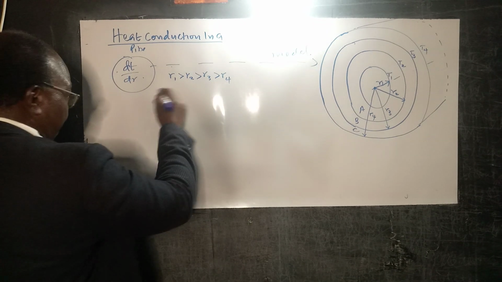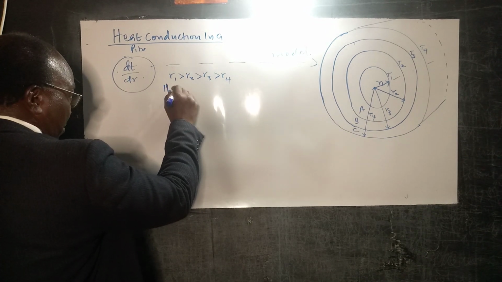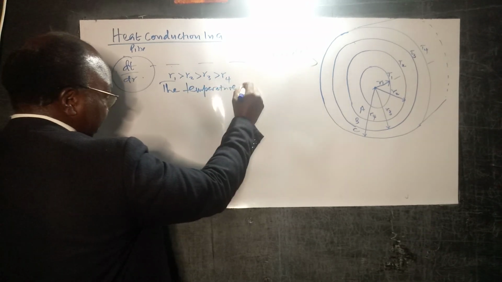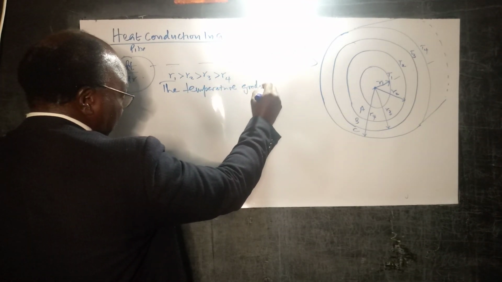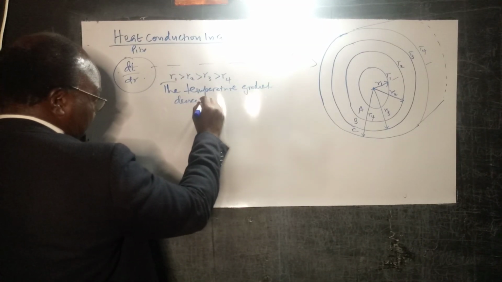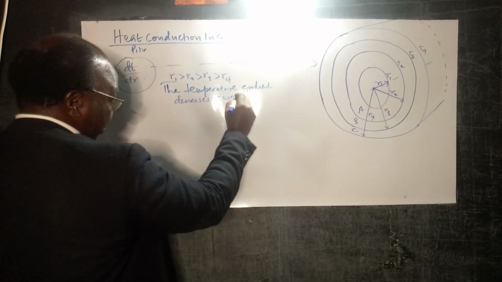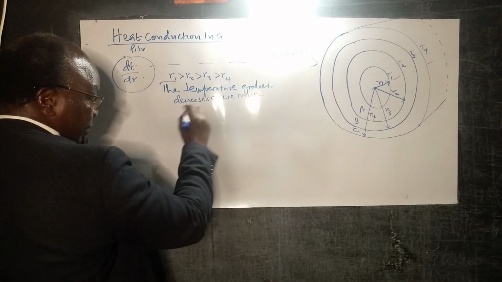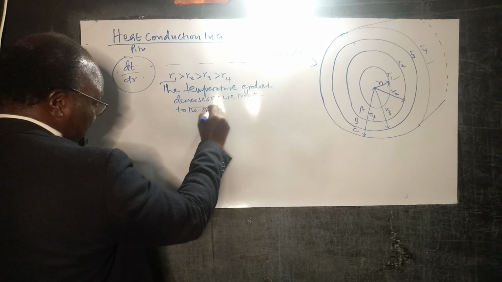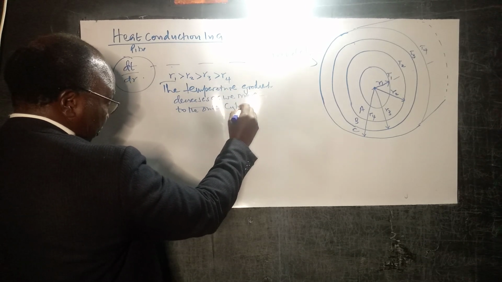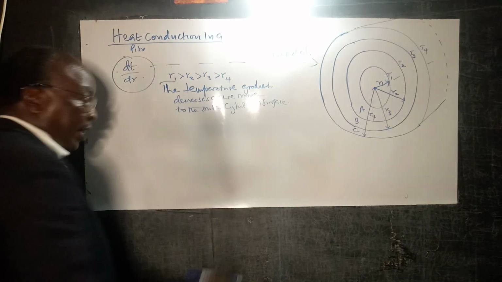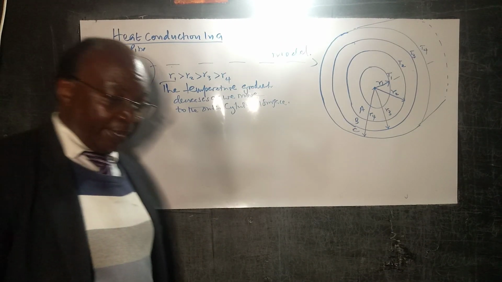So we are saying that the temperature gradient decreases as we move to the outer cylindrical surface. Important to take note of that particular fact.